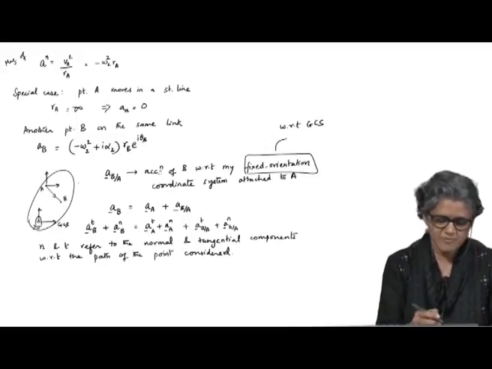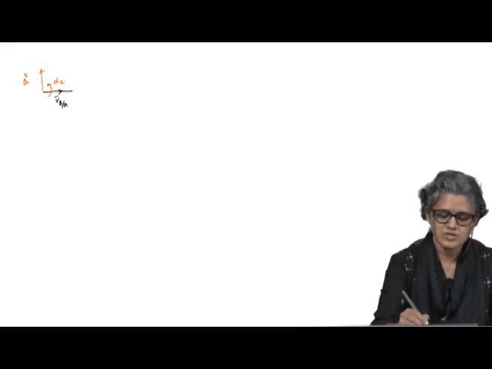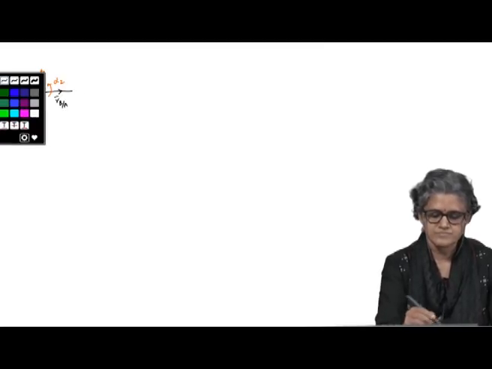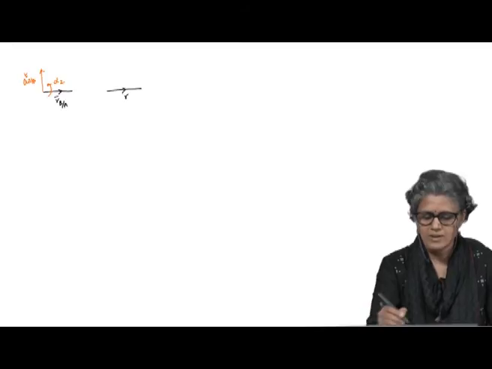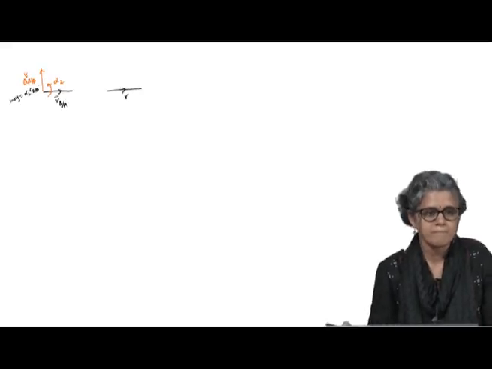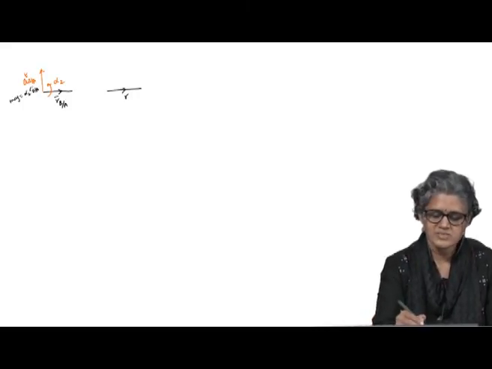So, if this is r of B relative to A, and my alpha_2 is counterclockwise, then this would be the tangential component, and its magnitude will be alpha_2 times AB.